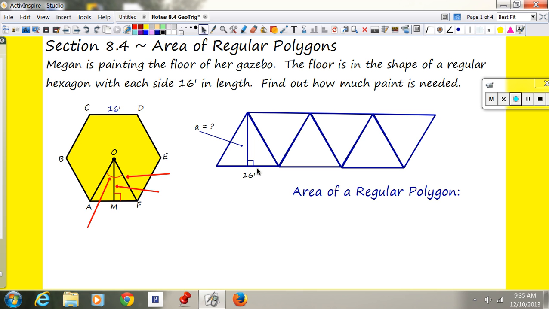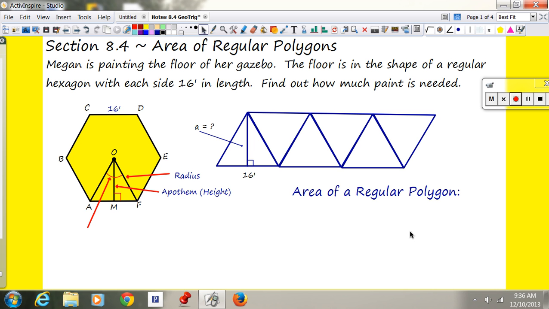Now, in polygons, we have a different name for the height. The height is actually called the apothem. It's another word for height, and in a regular polygon, it's from the center to the edge at a 90-degree angle. It's not the center to a letter. If I'm going from the center to a letter, then you would call it the radius.